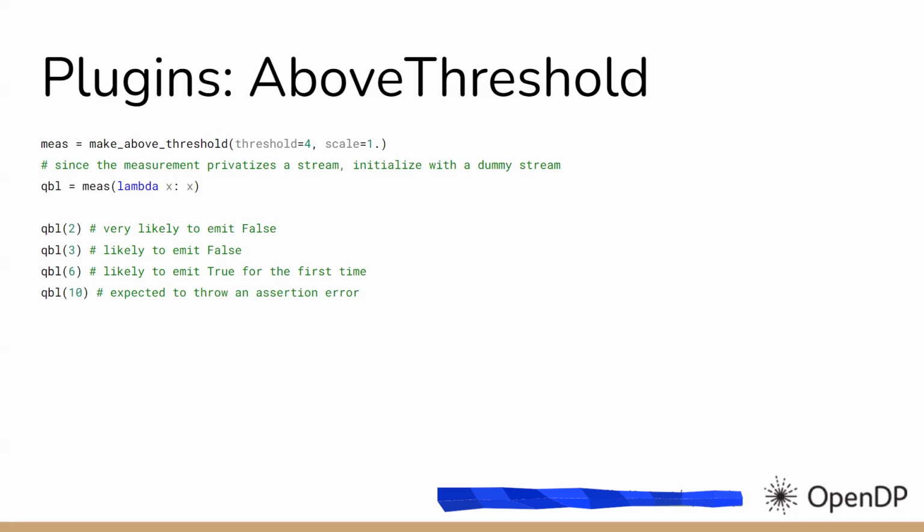So I just queried it multiple times with a 2, which is much less than the threshold, so it's probably going to emit false. A 3 is probably also going to emit false. Once I pass it 6, the queryable emits true for the first time and terminates itself, and then any call after that is going to fail, as we expect.